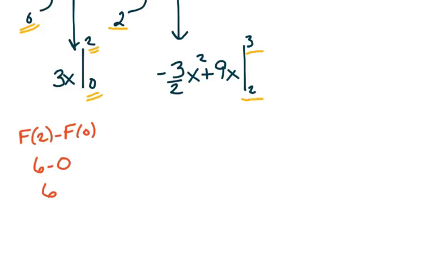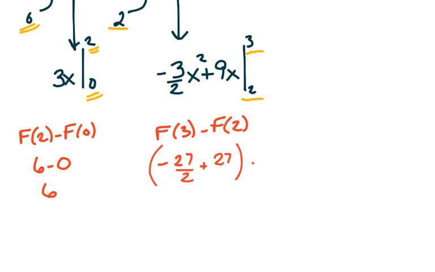Okay? And the second half would be plugging in 3, which would give you f of 3 minus f of 2. If you plug in 3, you get negative 27 halves plus 27. Now plug in 2. 2 squared is 4, so negative 6 plus 18. Okay?